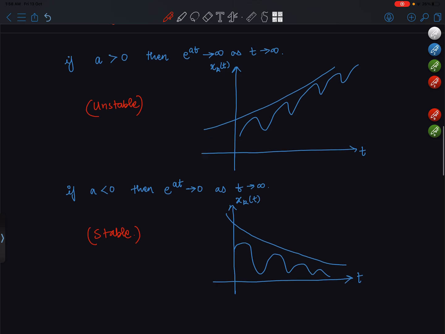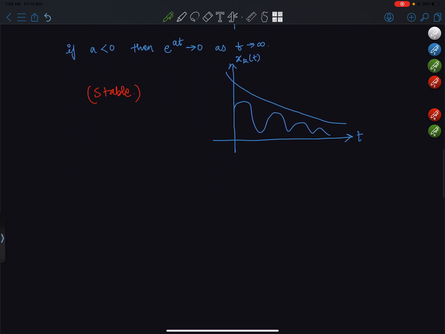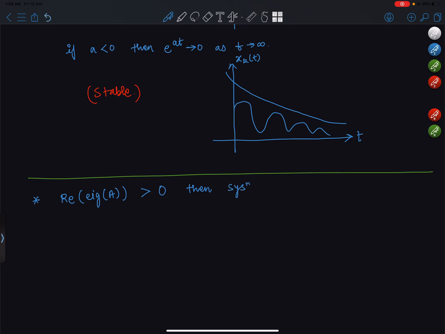So summarizing our above discussion, we can say that if the real part of eigenvalues of A is greater than 0, then the system is unstable.